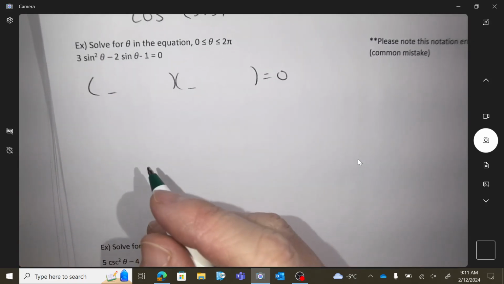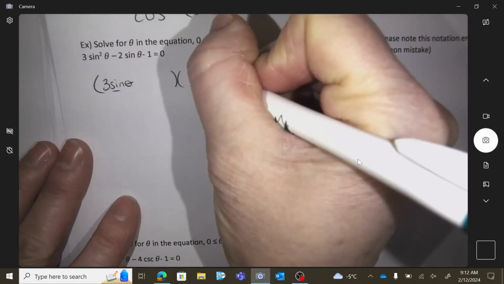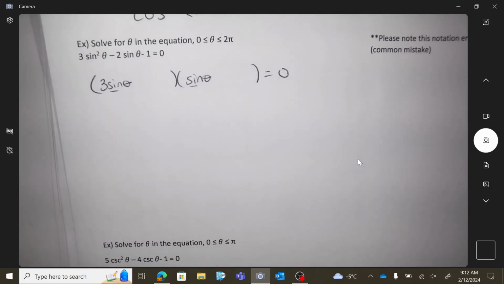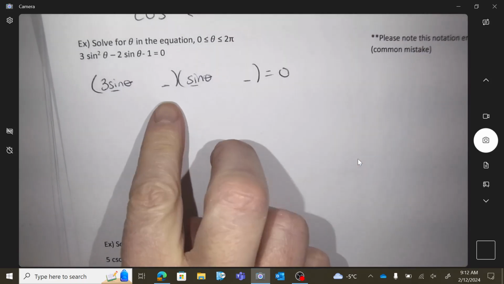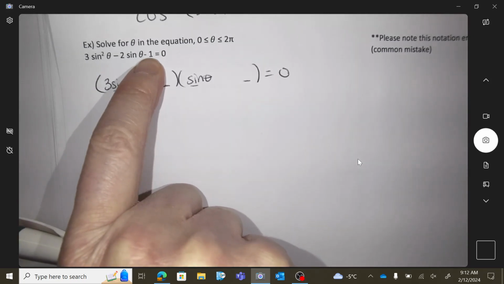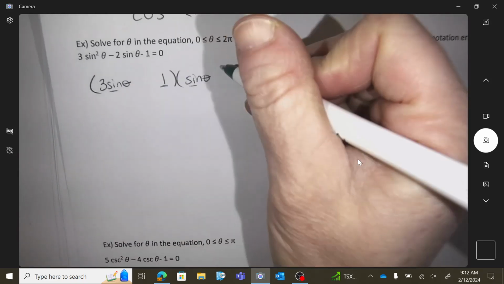You don't have many options. 3 sine theta and just a sine theta, right? Everyone remembers what I'm doing? I'm breaking down the FOIL. Do you understand the last times the last has to make that? So what do you do to make 1? What times what? 1 times 1.